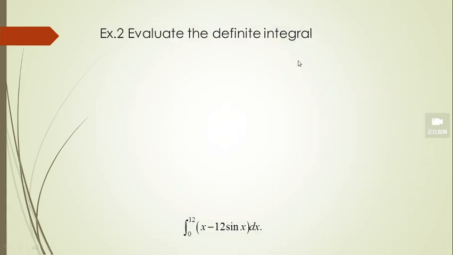Now, let's check the second one. Evaluate the definite integral, which means we know the lower and upper limit. The lower and upper limit are given, 0 and 12. According to the FTC Part 2, we can follow the formula in this way.